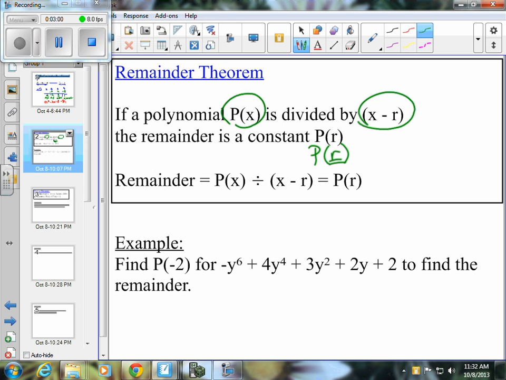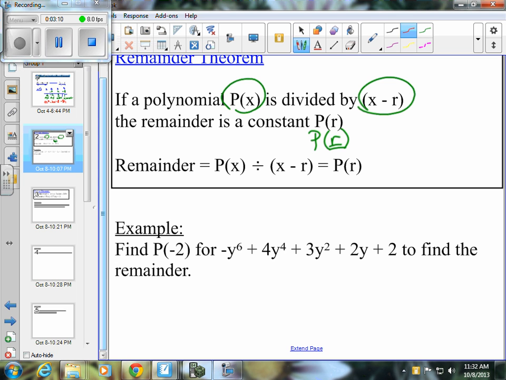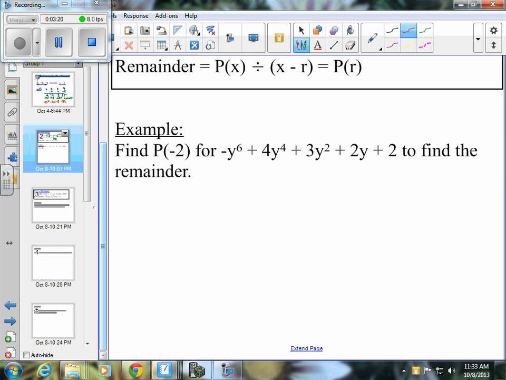So if I substitute a value in, that r, that number that I think is going to be a factor or a solution, if I plug it in, I get the same thing as if it is divided and I get the remainder. So we can double check and make sure that that is true. So for this first example, if I plug in negative 2 into that equation, so literally just plugging in negative 2 everywhere you see a y.